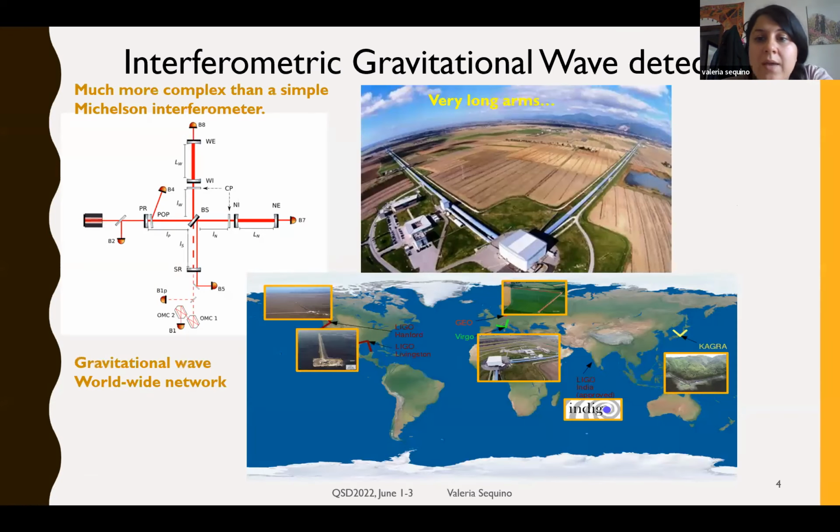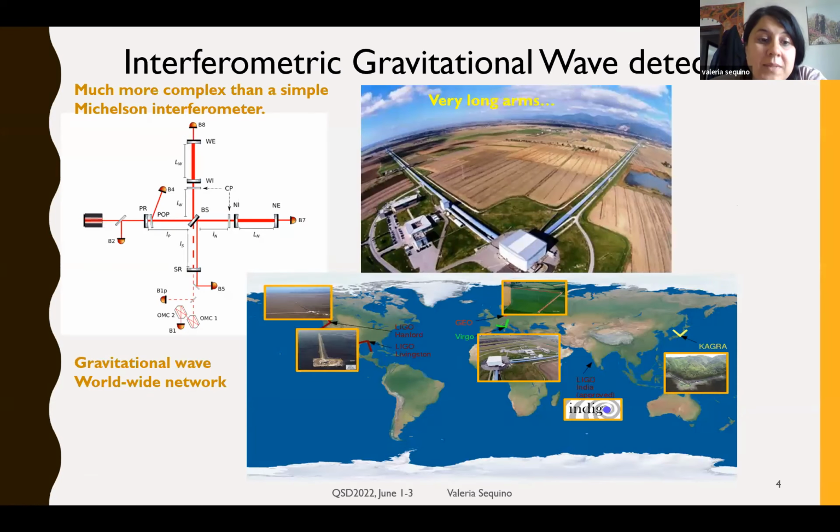But gravitational wave interferometers are much more complex. Here we can see a conceptual design of the interferometer, where we can see that there are some Fabry-Perot cavities in each arm. There are other cavities, for example, a power recycling cavity that is used to collect and reuse the light that goes back to the interferometer.